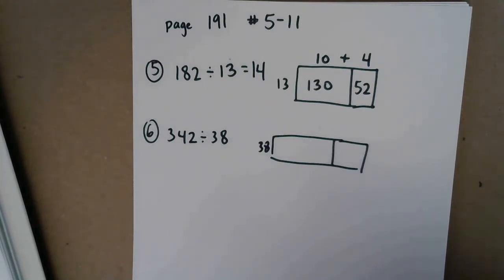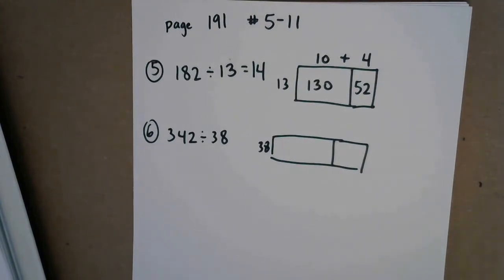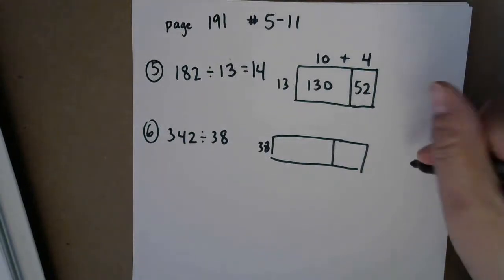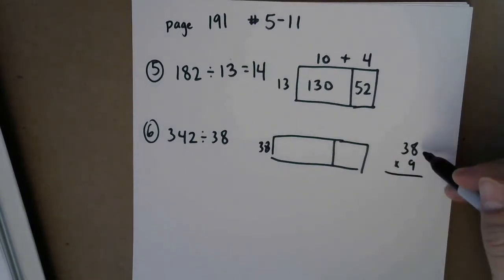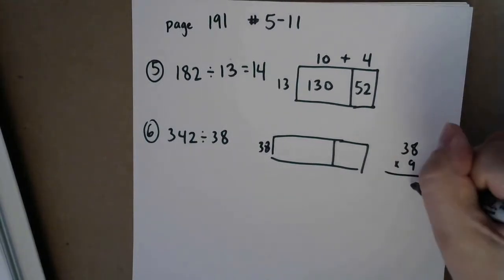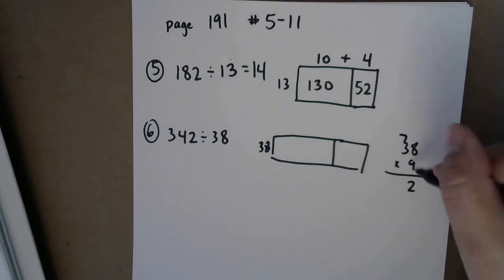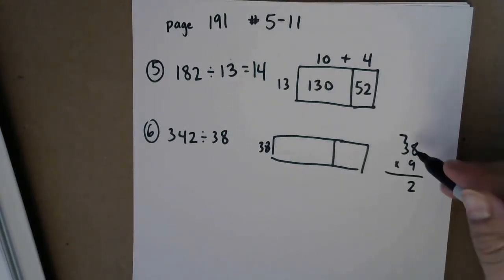So I'm thinking about multiples of 38 here, right? So 38 times 1 is 38. Now I could do that, I suppose, if I really wanted to. But maybe I want to come up with something different. In fact, you might think of a compatible number, if we think of multiples, 38 times 9. Now 9 times 8 is 72. 9 times 3 is 27.